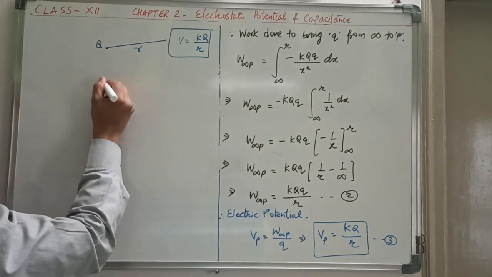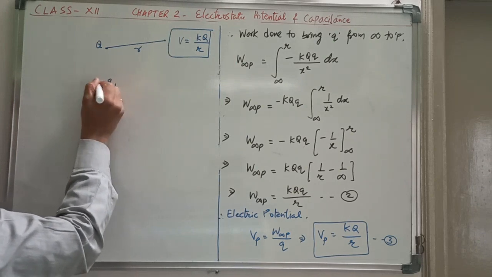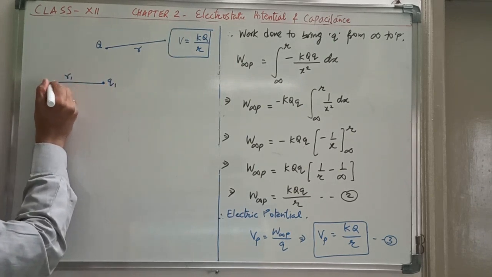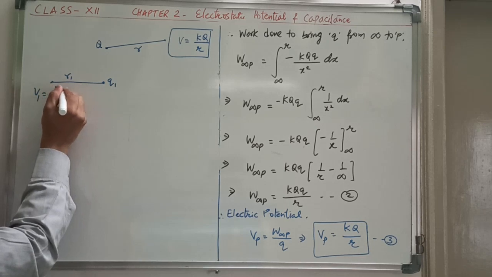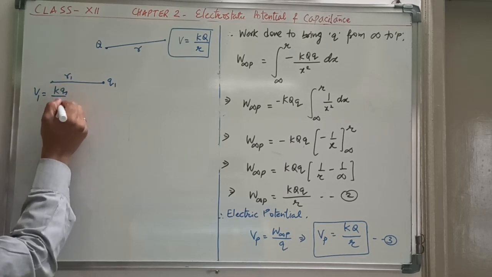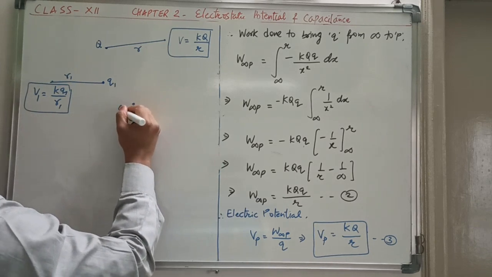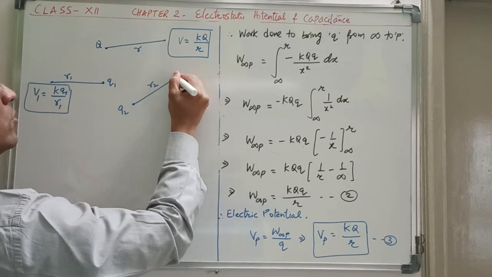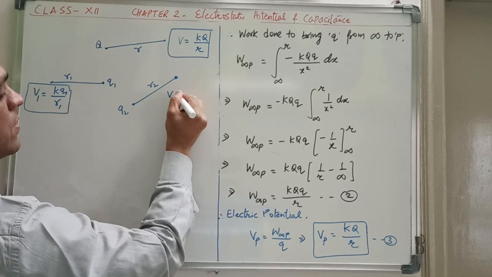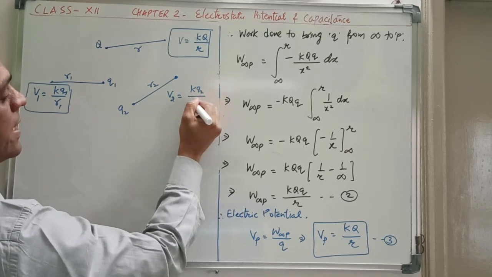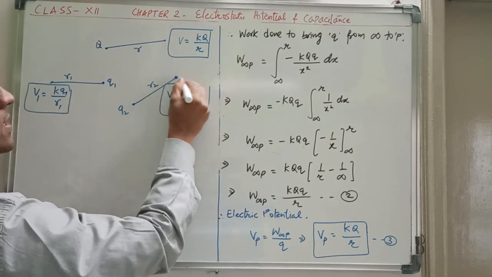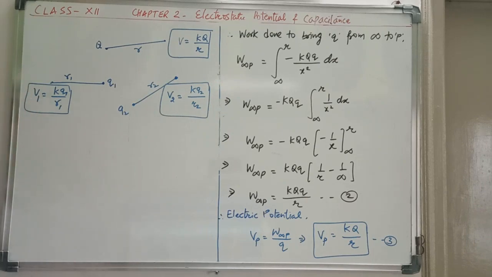If I ask you, I have a charged particle Q1 here, what is the potential at point R1? Then you will say, sir, V1 will be equal to kQ1 upon R1. That's it. Then I ask you, there is a charge Q2 here, what is the potential at R2? Then you will say, sir, potential will be equal to kQ2 upon R2. This is the expression for the electric potential, correct?